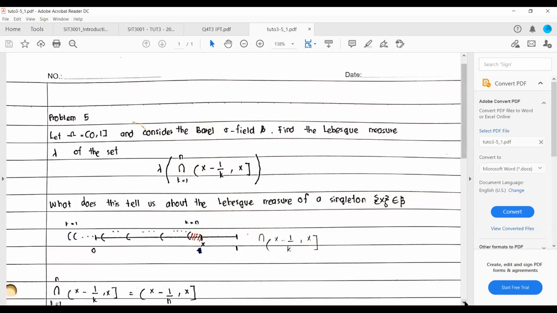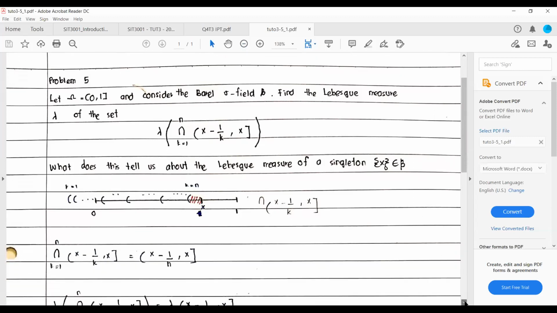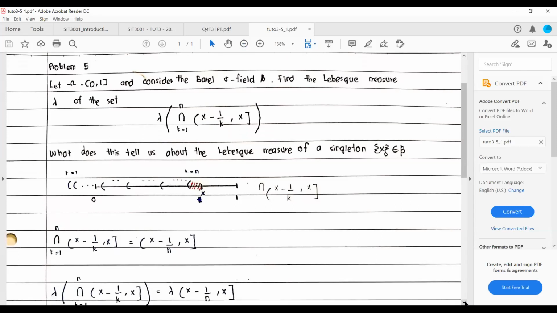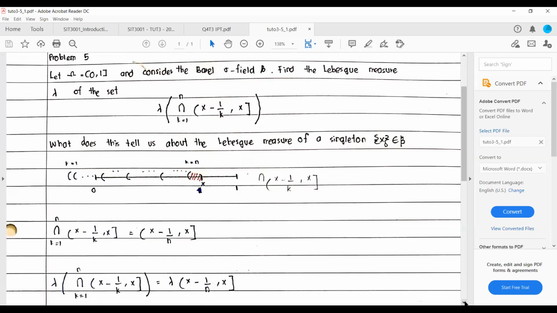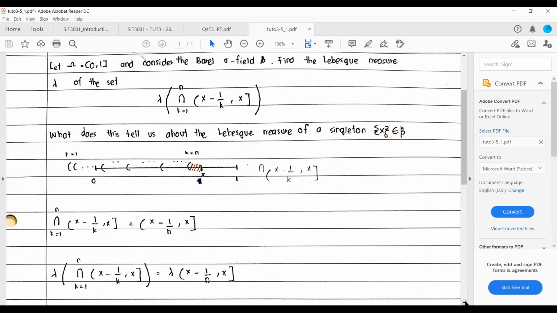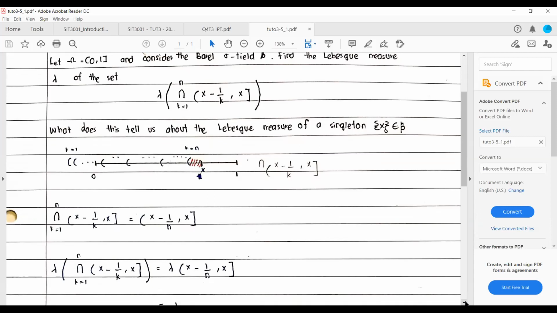So first we find the interval of x minus 1 over k to x. I plot the graph here where k goes from 1 to n. Since it is an intersection, we choose the smallest interval, which I dotted with the red pen here.